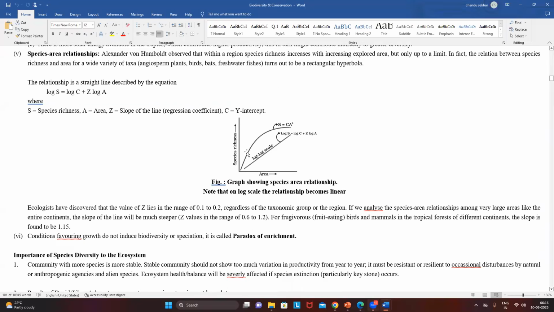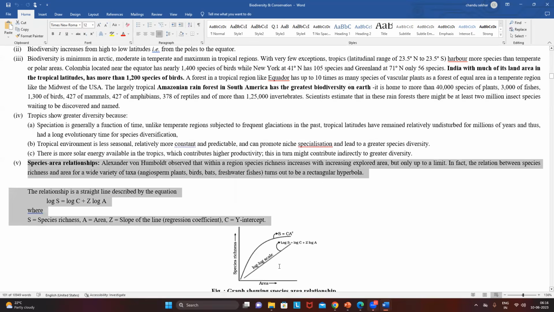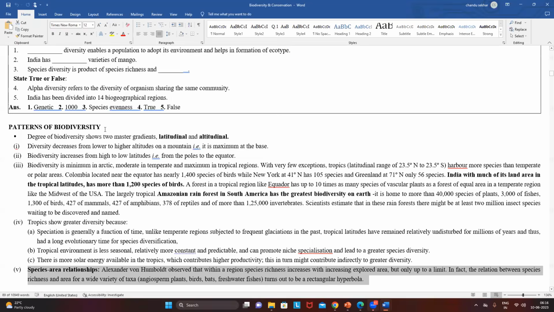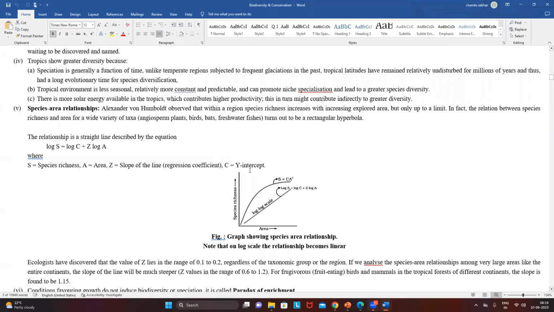Then friends, after that, if you want to read this, you read this. Otherwise, you leave this. What is this concept? To explain the biodiversity, we have mathematical models. You remember, to explain the population growth rate, we have the logistic model. Similarly, in order to explain this, we have a mathematical model.